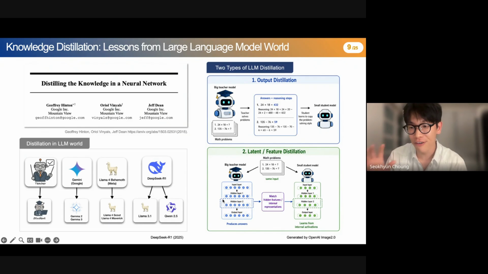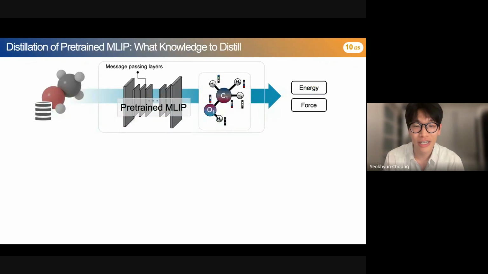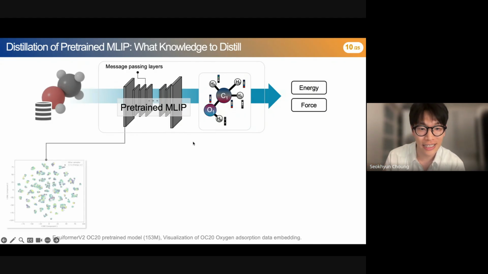ideally, if we can see the latent space of the model, then we can train a model with the latent space of the teacher model. So taking this into machine learning interatomic potentials, now we have to think about how the model itself and the latent space are looking. So let's say there's an EquiformerV2 that is well trained.